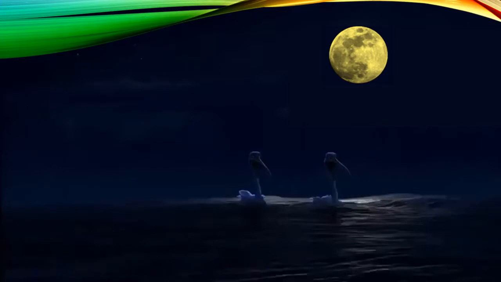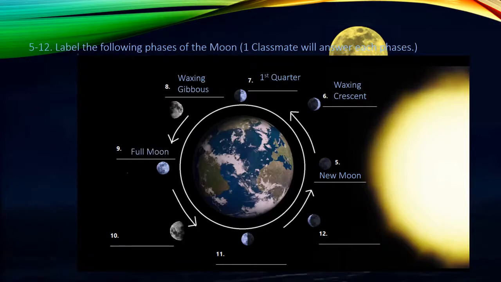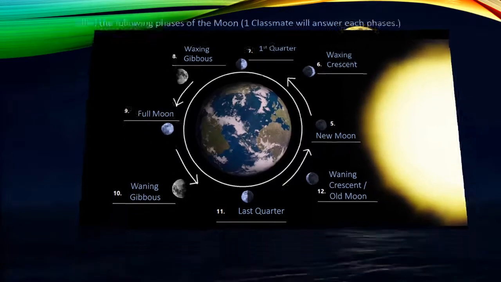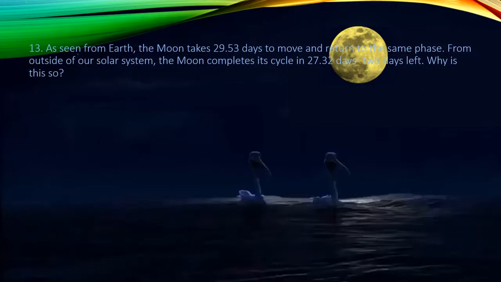Label the following phases of the moon. From Earth, the moon takes 29.53 days to move and return to the same place. From outside of the system, the moon takes 27.32 days. Why is this so?